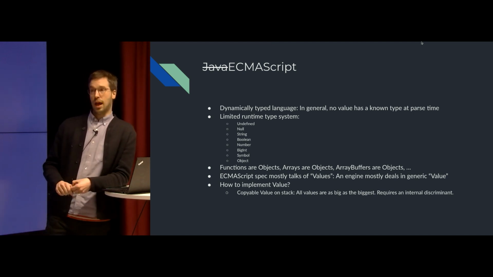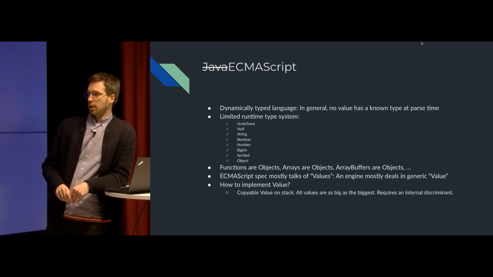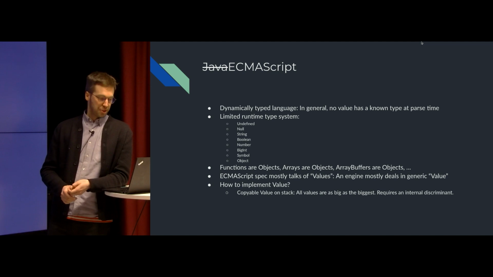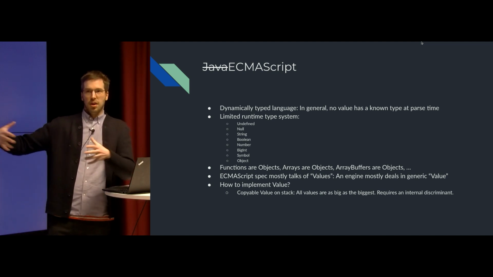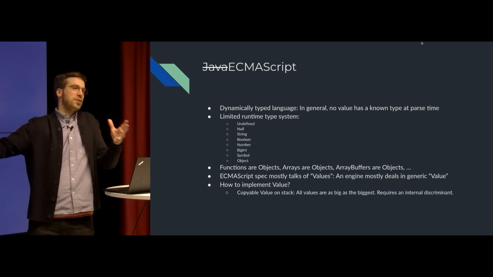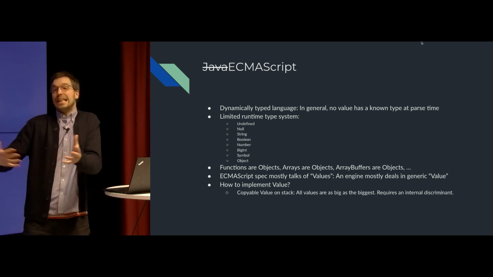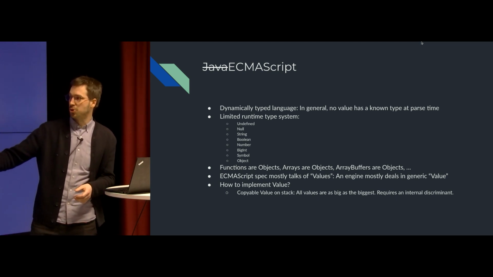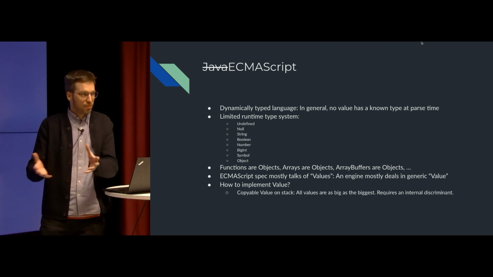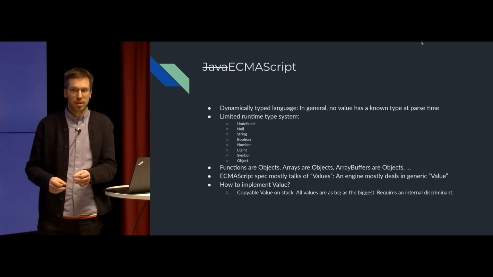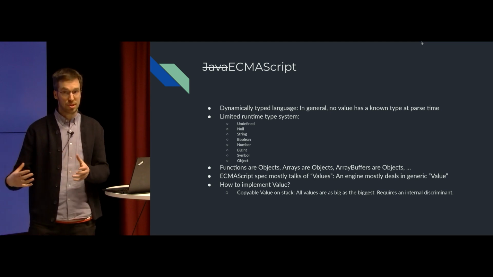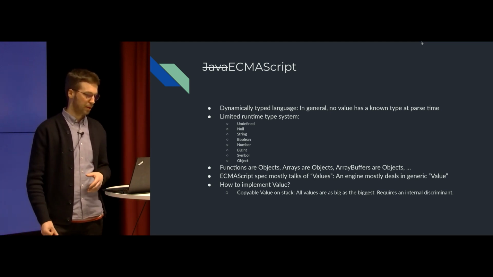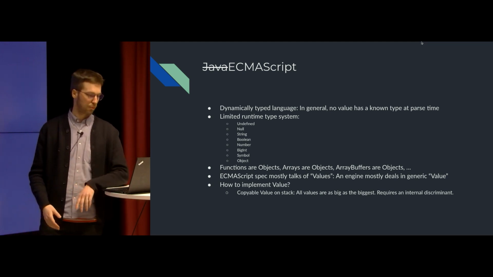One option for how to do a value is just a copyable value on the stack. So you would have some kind of massive thing that can hold any type of value. It can hold any type of object and all the data associated with it, at least those parts that can be on the stack and are not required to be on the heap.